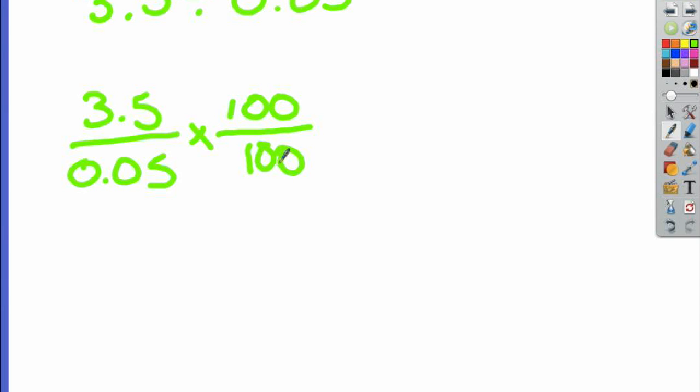Now, we know when we multiply a number by 100, the decimal moves how many places? To the right. How many places does the decimal move to the right? Anthony? 2 places to the right. So if I do 3 5/10 times 100, and I move this decimal 2 places, what will I have on top?